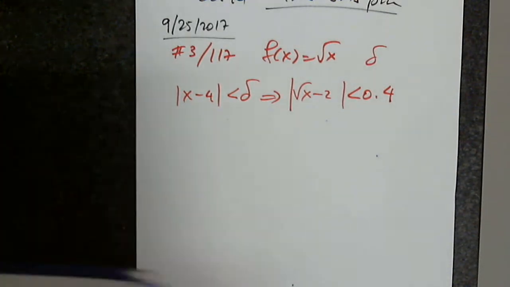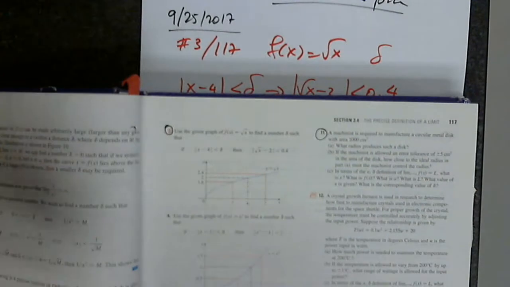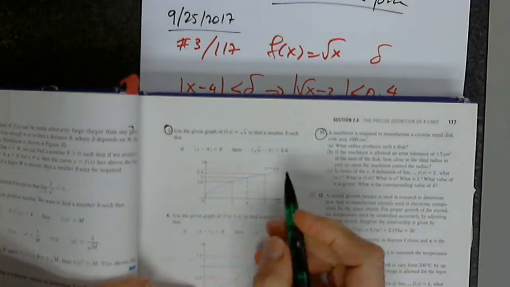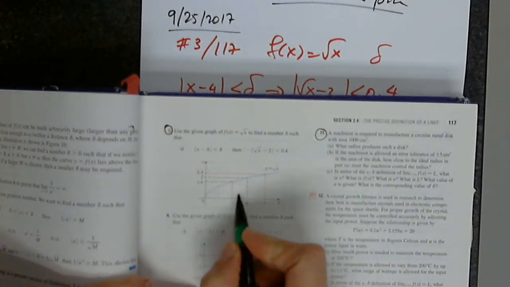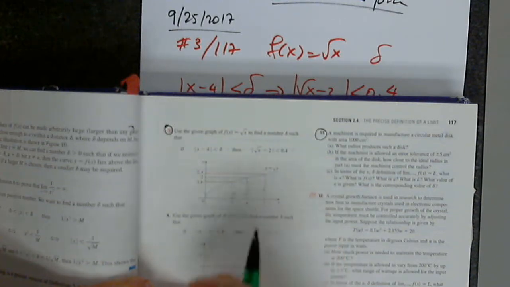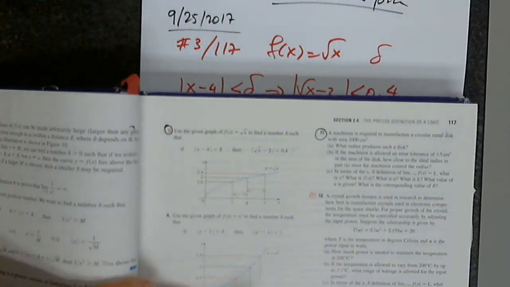So when I look at the graph, let me see if I find my pencil so I don't write on the book. Okay, so we are really asked to find this distance, and this distance, and which of the two we will choose as delta.